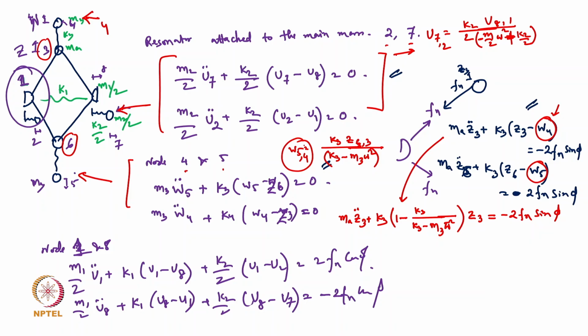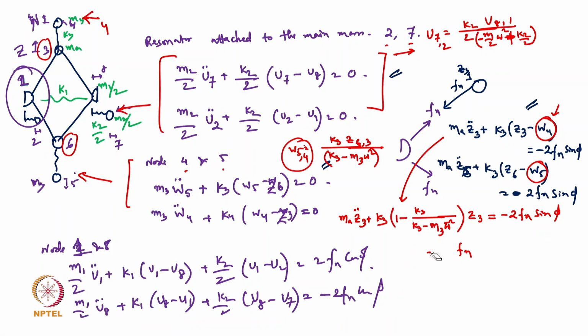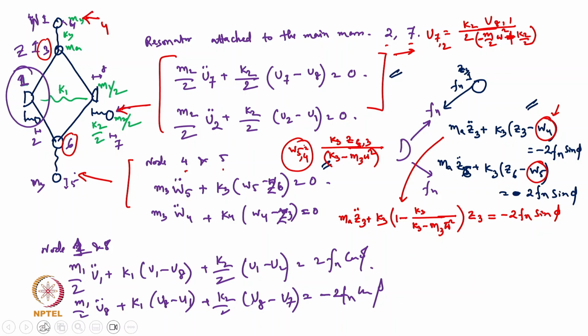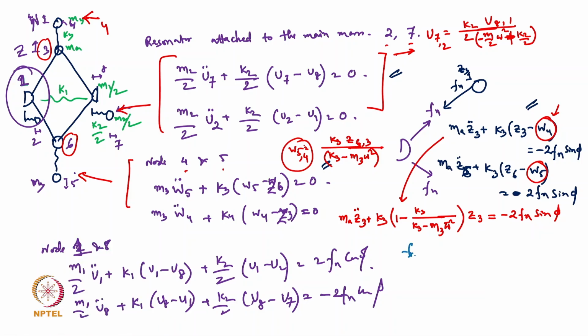We can write z3 in terms of fn, or the opposite, fn in terms of z3. So here we are writing fn in terms of z3.